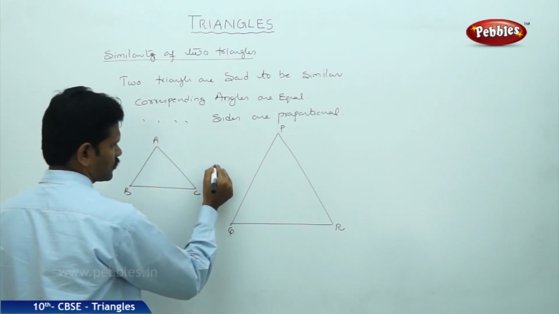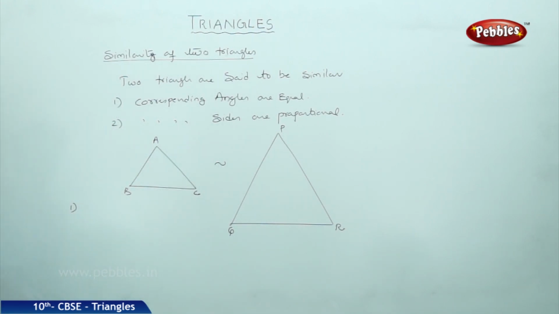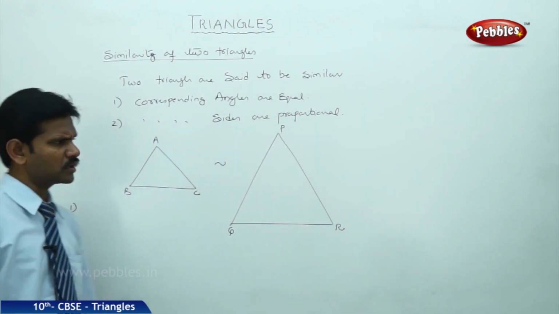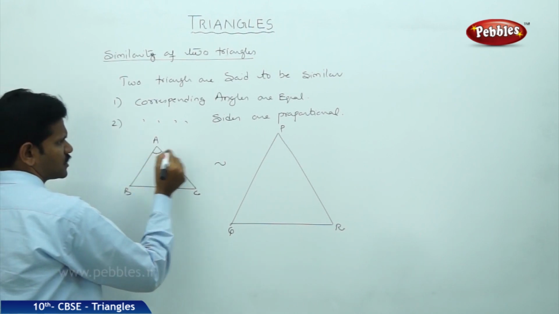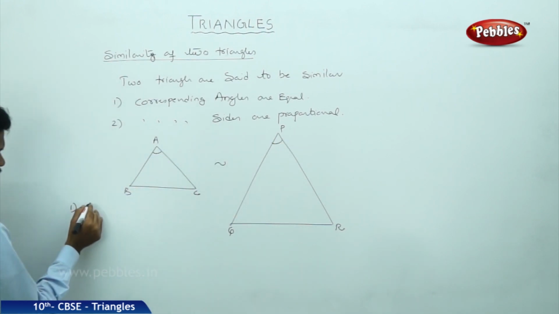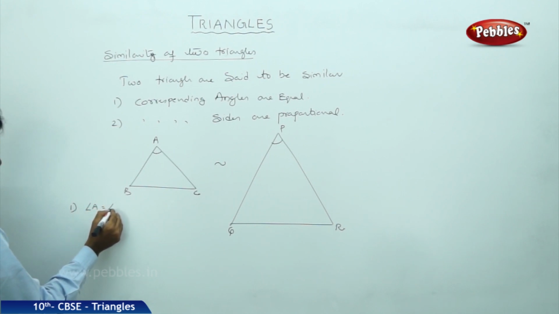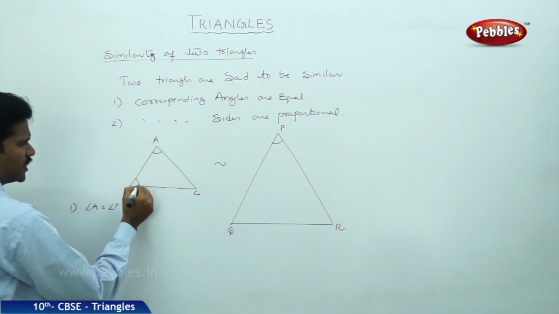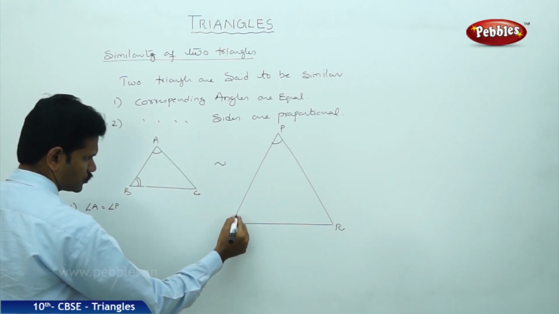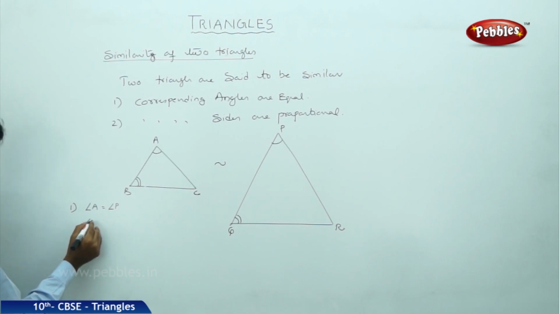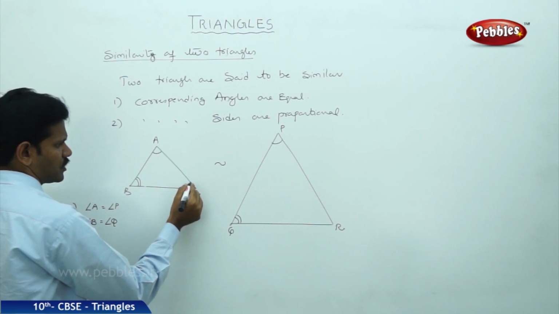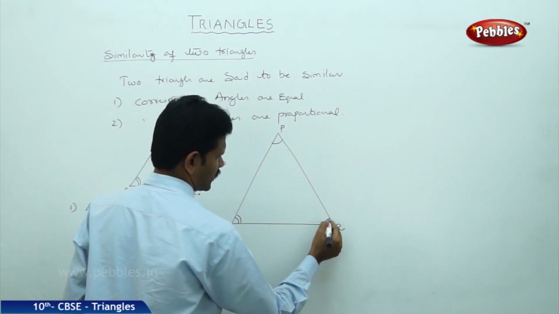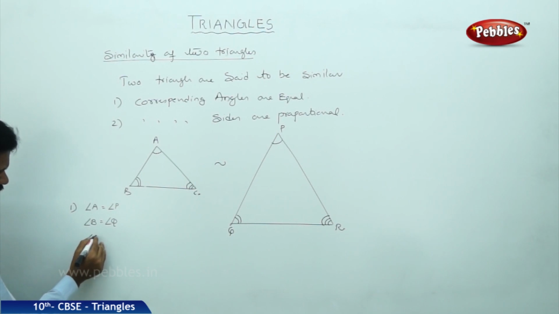Condition number 1, corresponding angles are equal. Corresponding angles are equal means angle A is equal to angle P, angle B is equal to angle Q, next, angle C is equal to angle R.